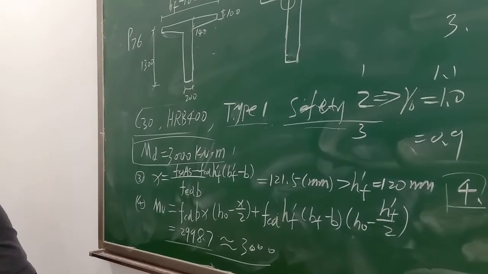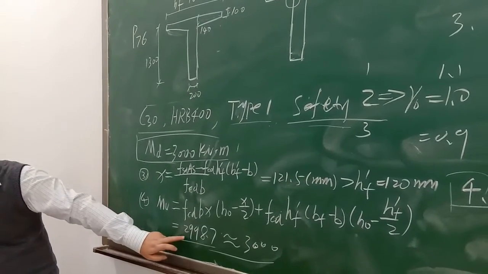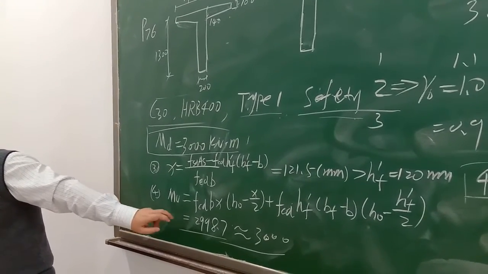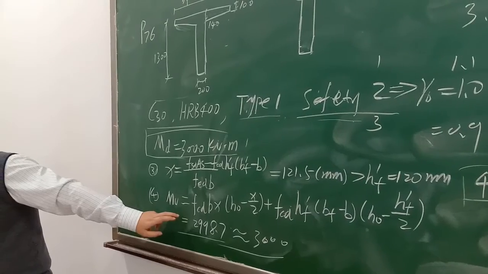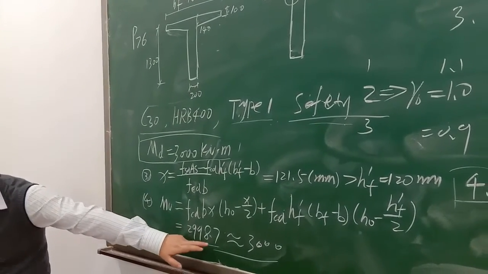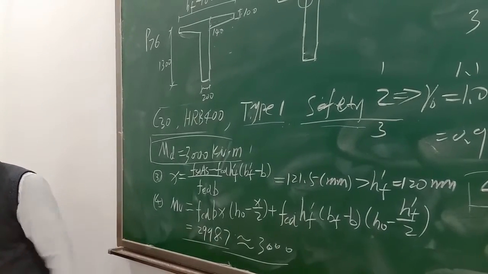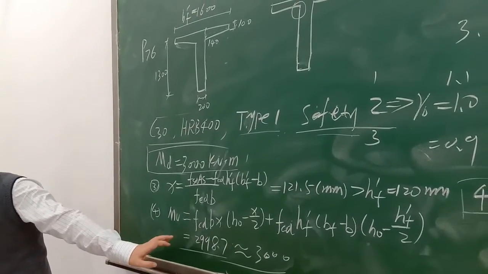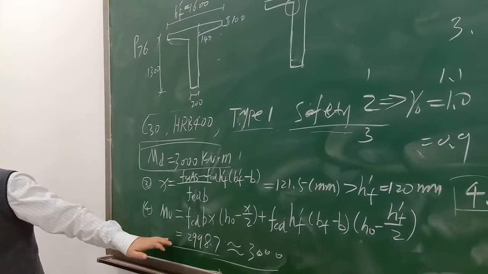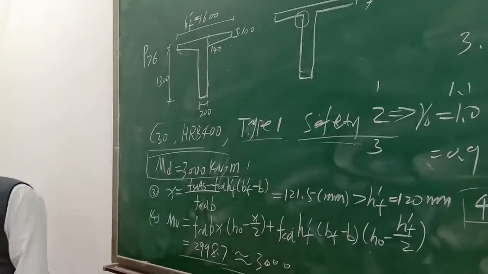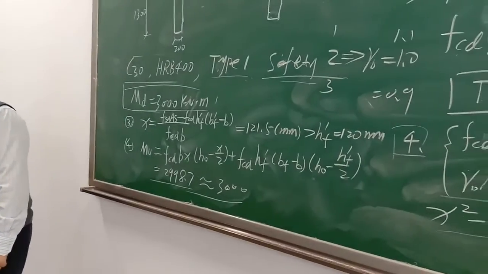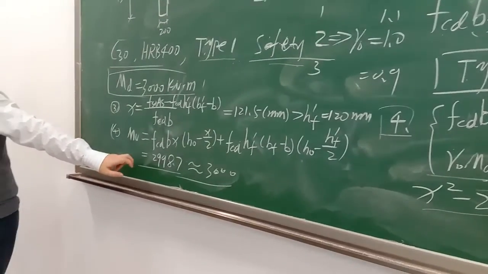From here you see that, strictly speaking, this design is not quite good, but it's almost equal to 3,000. In a real situation this is still maybe okay, because it's just a little bit, maybe 0.1%.